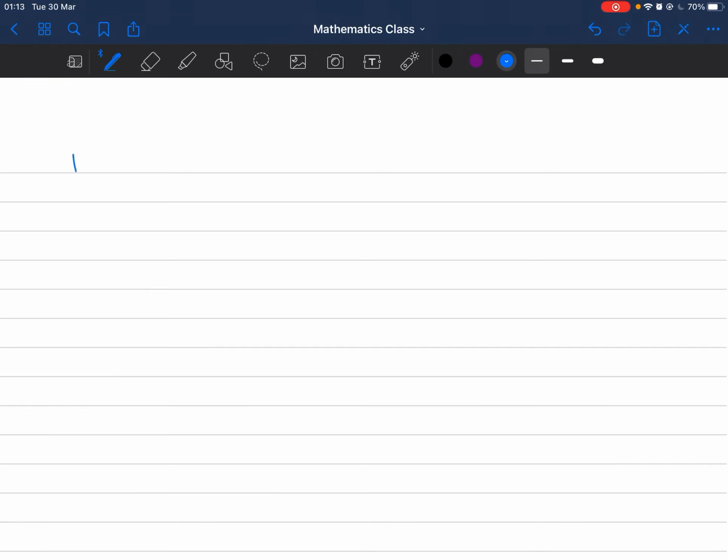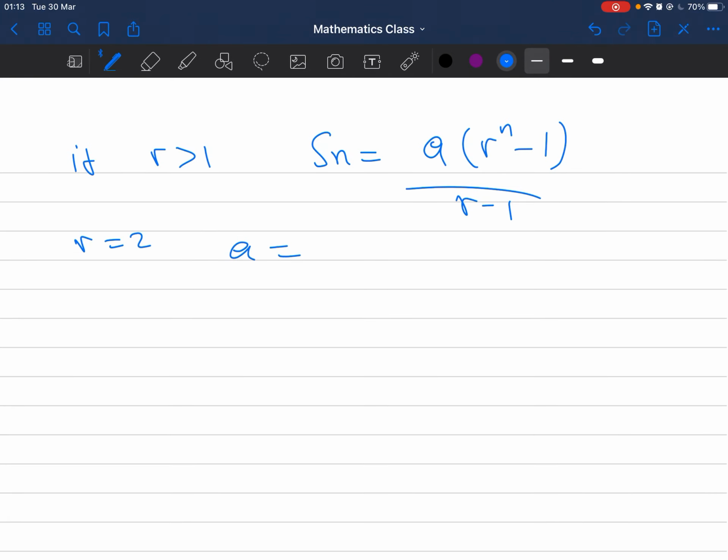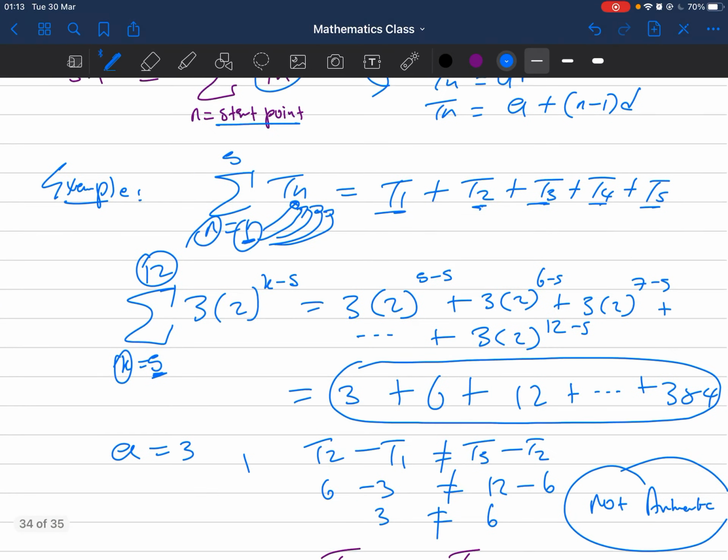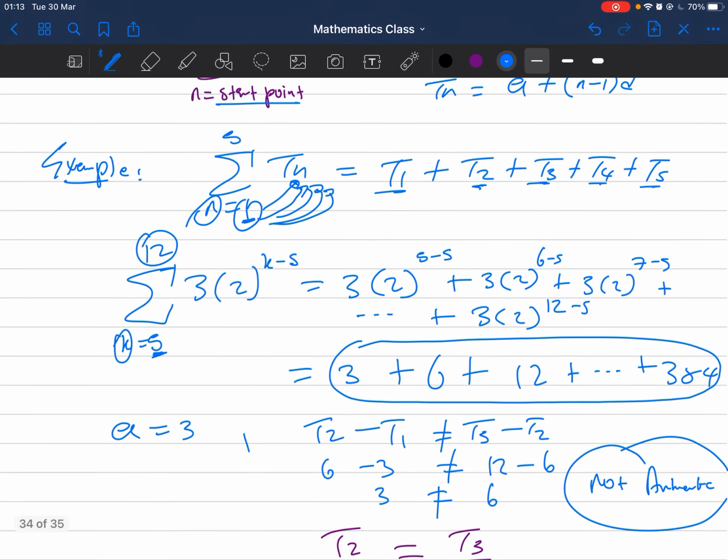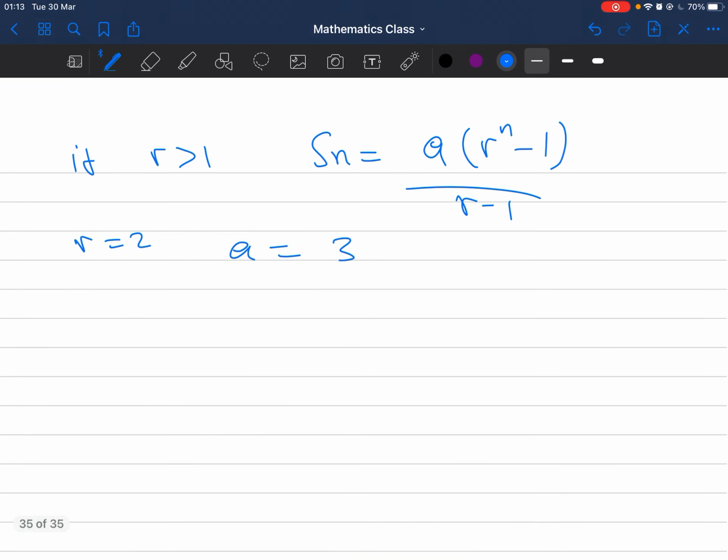On our previous video, we discovered that if r is greater than 1, you're going to use this formula: Sn equals a times r power n minus 1 over r minus 1. And r is equal to 2, your a is equal to 3.